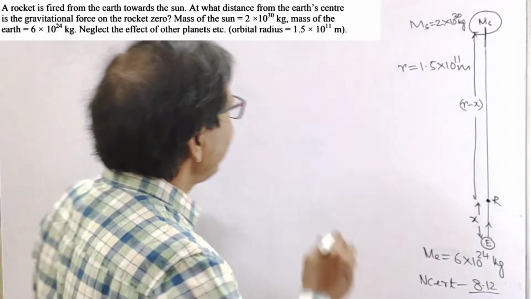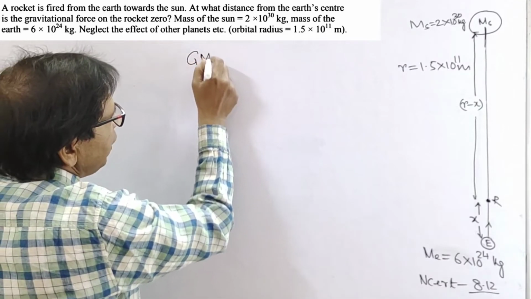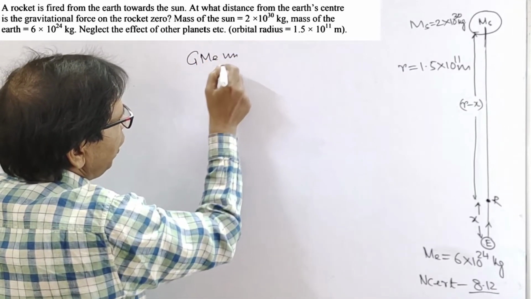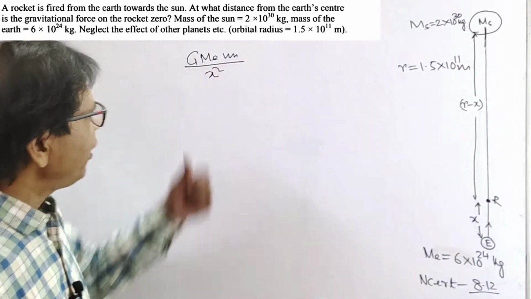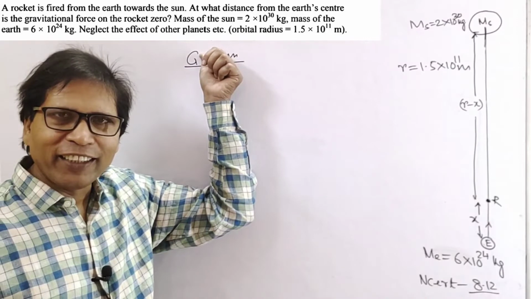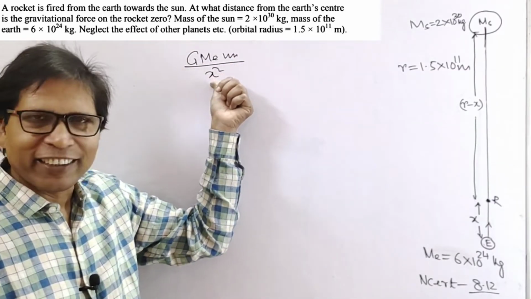Now what is this force? This is G, Me, small m is the mass of the rocket, divided by x square. That is, G, mass of the Earth, mass of the body, that is the rocket, by distance square.